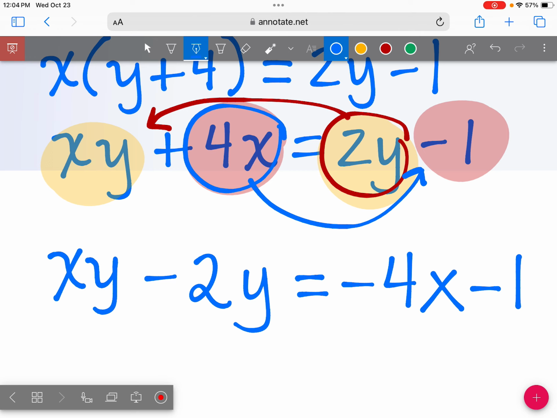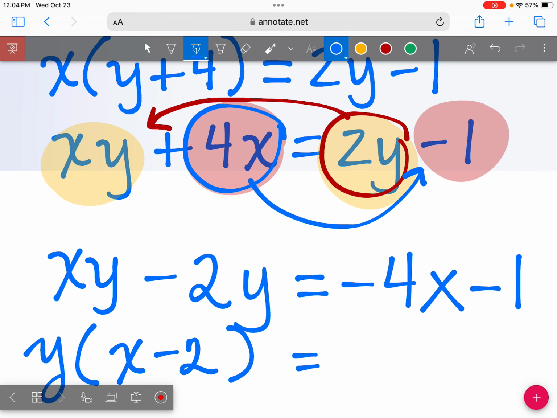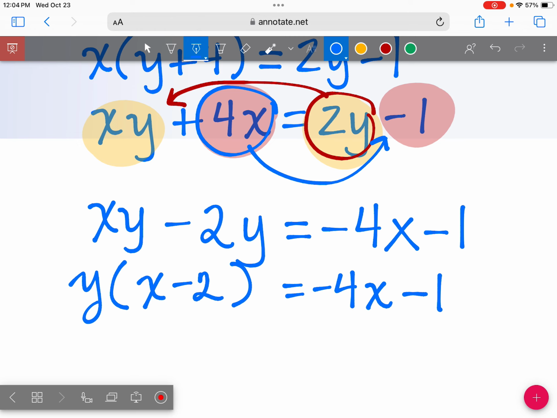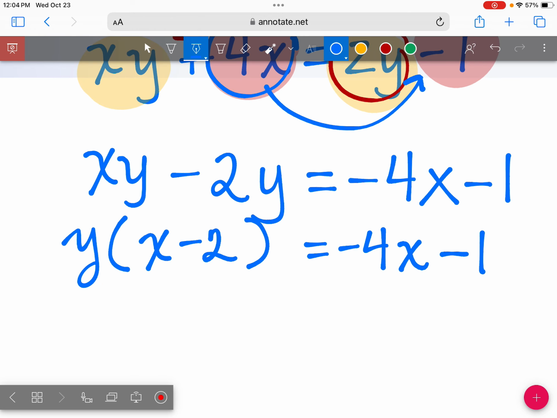So when I take out the y, what would I have left on the inside? X minus 2, good. And now my last step is going to be to divide both sides by what? What'd you say, Brooklyn? You said it.